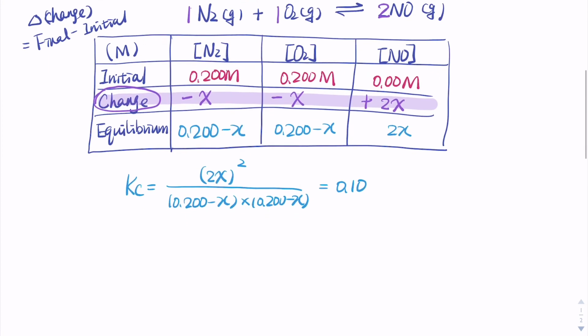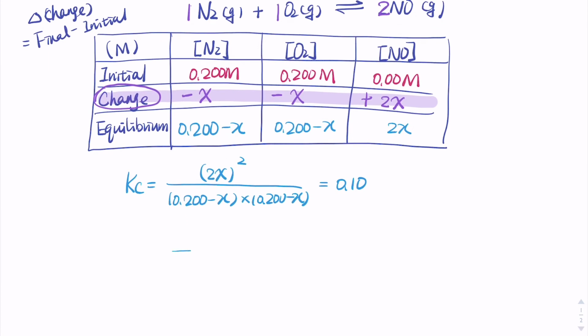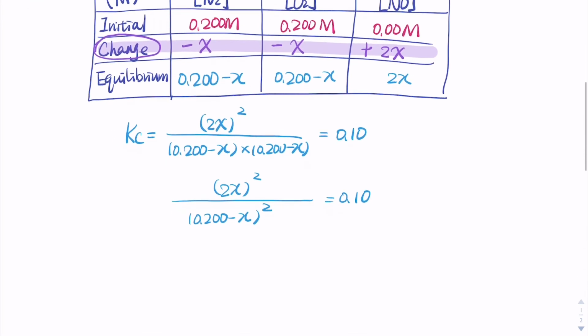On the denominator, it turns out to be (0.2 minus x) squared, equals 0.1. If we have a square on the numerator and also on the denominator, you can take the square root of both sides to get rid of the square. That's easy to do.